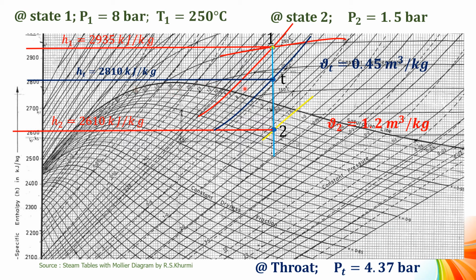Now, we measure the corresponding specific volume value Vt equal to 0.45 meter cube per kilogram. We know this dotted line represents the specific volume line.